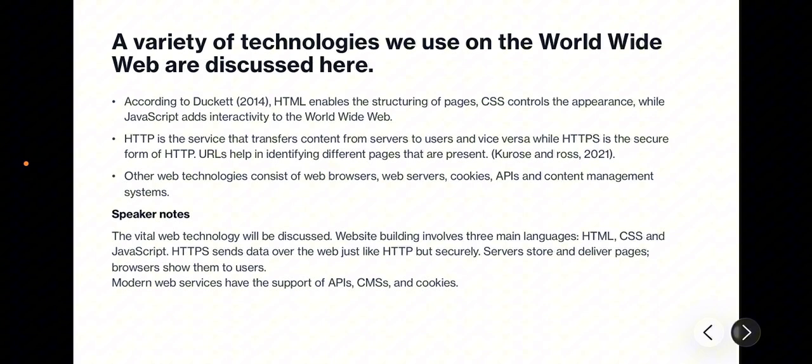HTTP is the service that transfers content from servers to users and vice versa, while HTTPS is the secure form of HTTP. URLs help in identifying different pages that are presented. Other web technologies consist of web browsers, web servers, cookies, APIs, and content management systems.